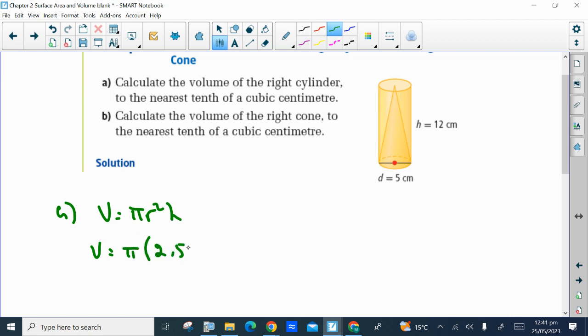The radius would be half of that, 2.5 centimeters, and that needs to be squared, times the height, which is 12 centimeters.